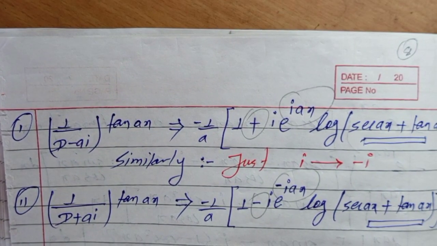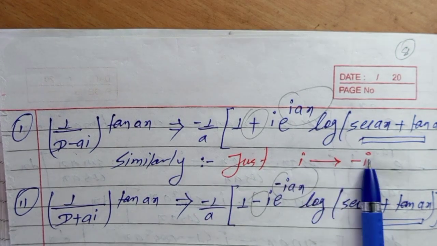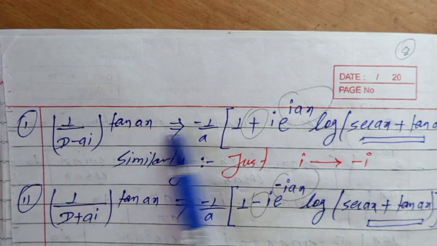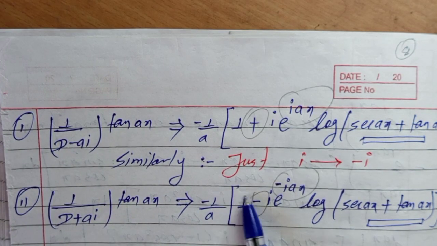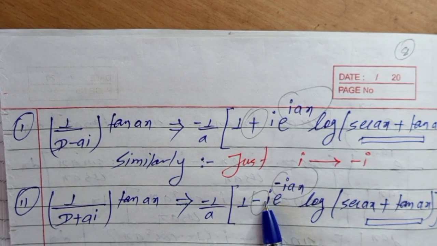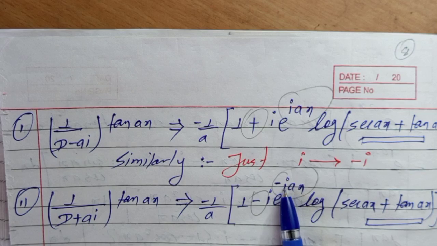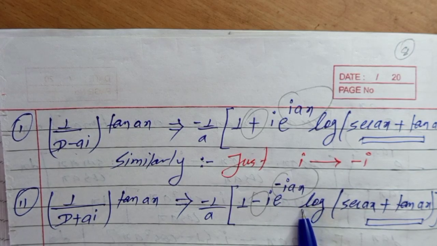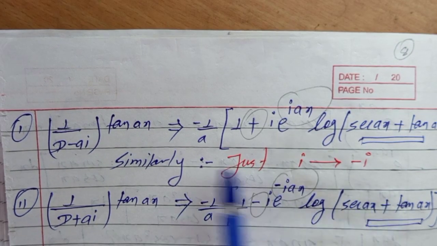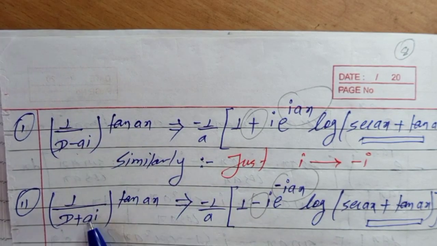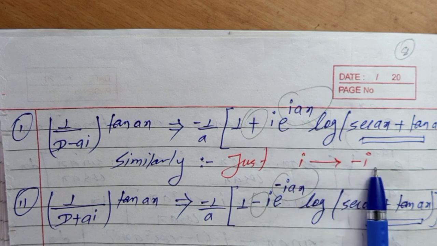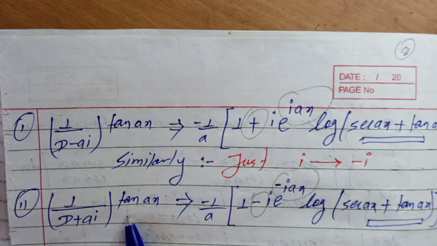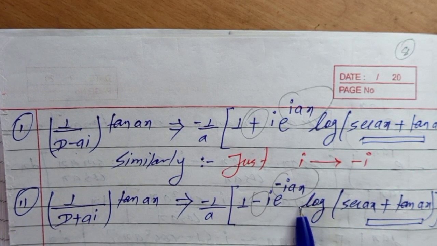So to get that value, we'll just replace i by minus i in this term. Then here will be plus and here will be minus i e to the power minus i ax, and other terms are same. Means after calculating one of the terms, just to get the plus value, we will replace i with minus i, so we can calculate both values.